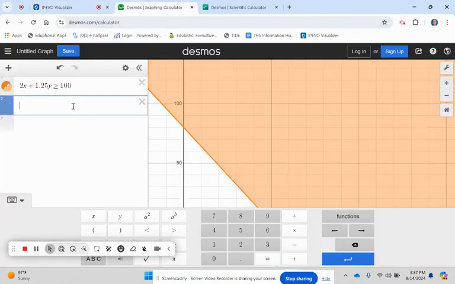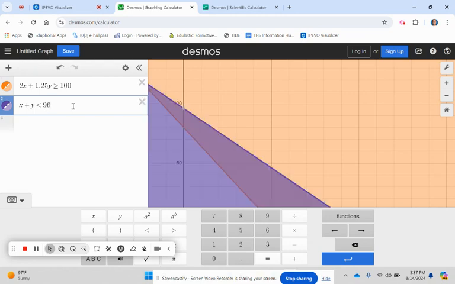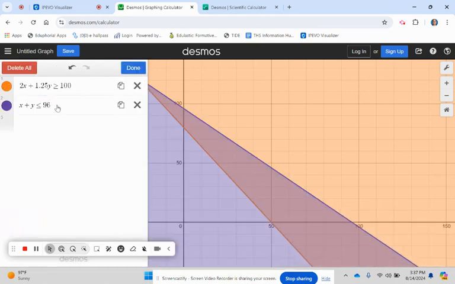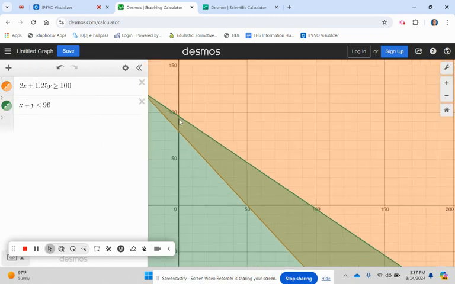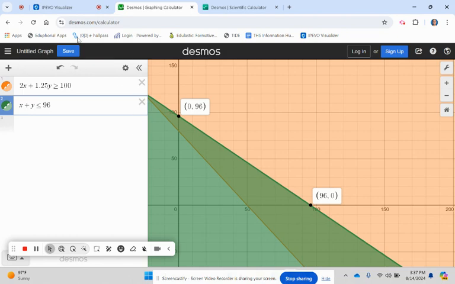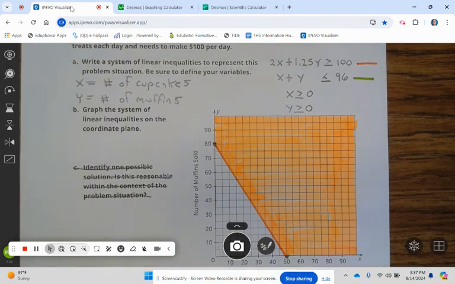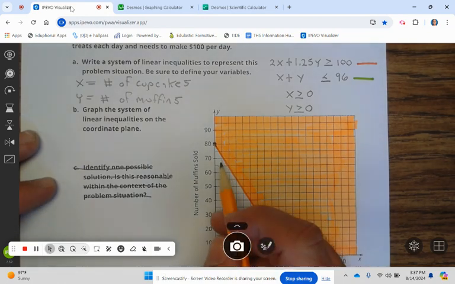So we have x plus y 96, and they did purple, but I want to change that to green. Okay, and I need 2 points. So it looks like (0, 96) and (96, 0). So you're going to have to approximate. So we're counting by 5.